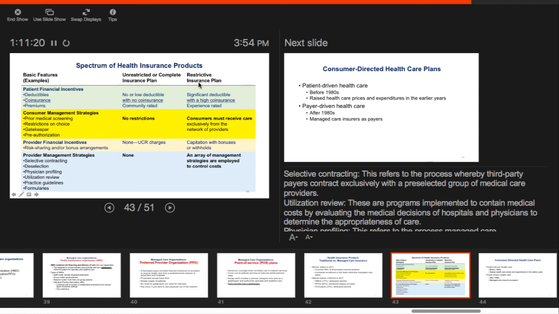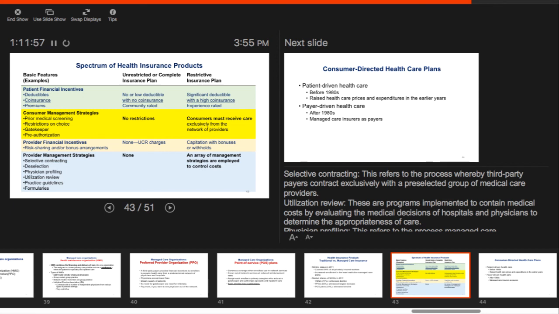But with the restrictive insurance plans, there is an array of management strategies they have to follow, to provide the most cost-effective procedures or treatment for each patient. The point here is that most physicians are employed by the insurance companies, and if they don't follow the most cost-effective strategies, their contract will not be renewed.